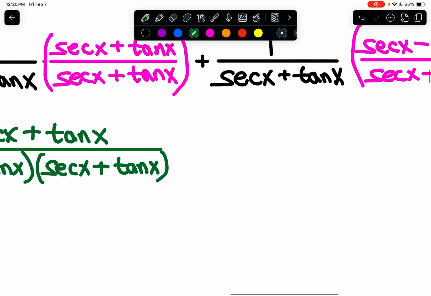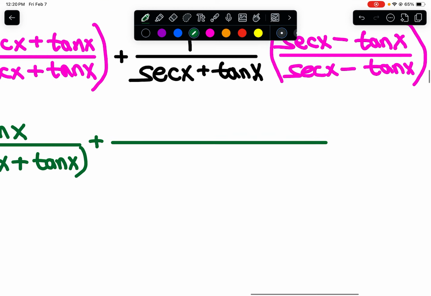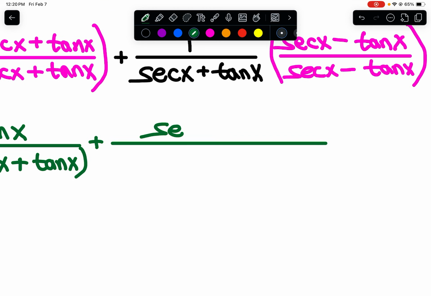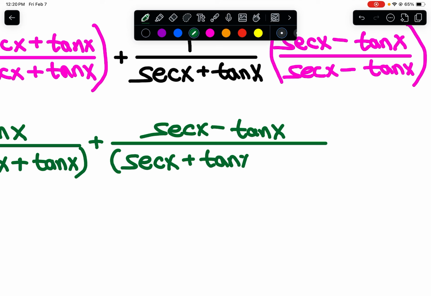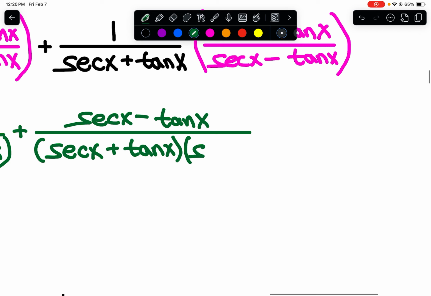And then we're going to add the other term. So once again, we're going to have a common denominator, but in the numerator, we're going to have secant x minus tangent x, over secant x plus tangent x times secant x minus tangent x.